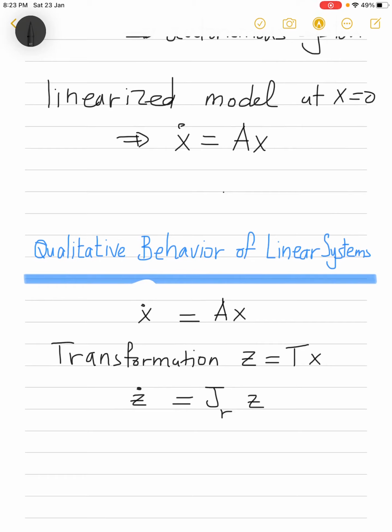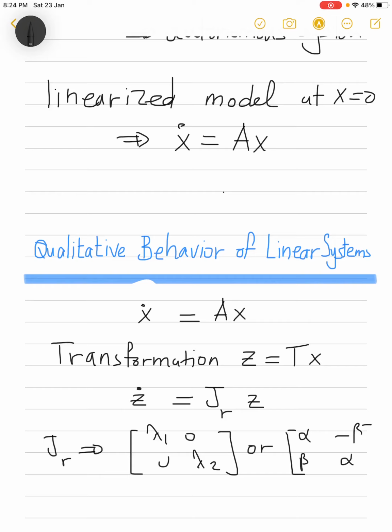In that case, if we assume that the eigenvalues of the system are distinct, and they are real, the form of J_R would be a diagonal matrix with the diagonal components lambda 1 and lambda 2, and zeros elsewhere. Or, in the case of complex eigenvalues, it would take the form alpha and minus beta in the first row, and beta and alpha in the second row, where the real part would be alpha, and the imaginary part would be plus or minus beta.